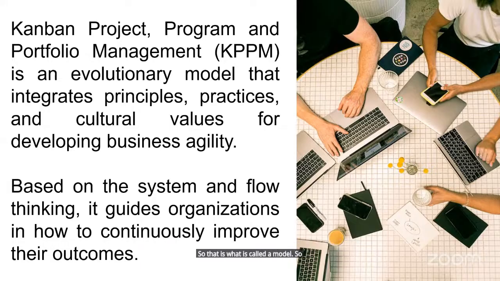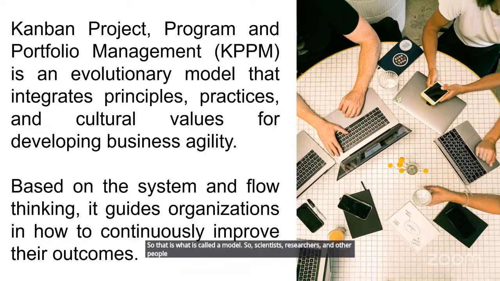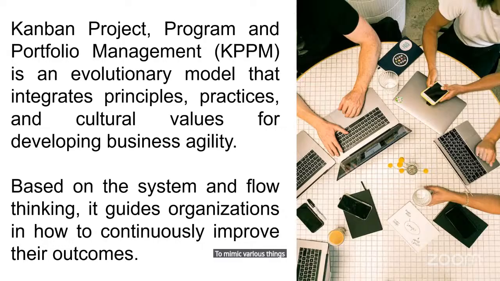Scientists, researchers, and other people use models to mimic various things which they cannot visualize, and they use computer models and other models to see how things will happen and how to predict for the future. The same way we use models for managing our project also, so that we know where we are in our project and how we can manage it more effectively.